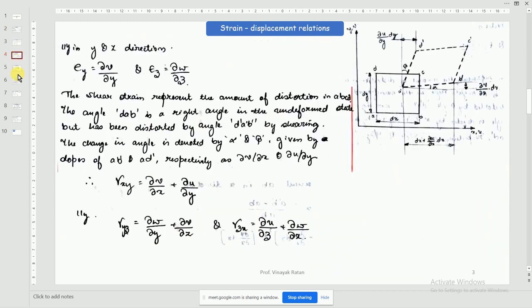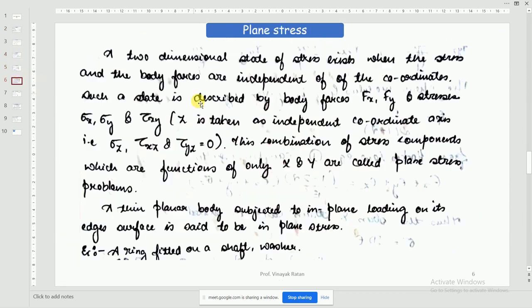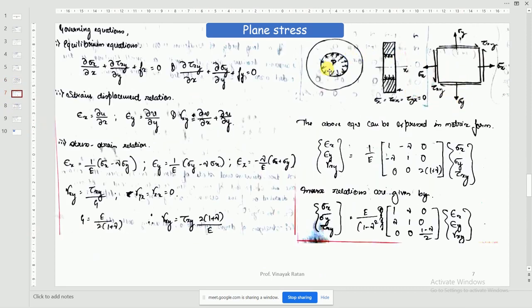Whenever plane stress and plane strain conditions are asked in the exam, you have to define them, write this, and give an example. Draw a figure, just a washer to which in-plane loading is applied. You can see stress in x and y will be there, but compared to those two stresses, stress in z will be hardly noticeable.